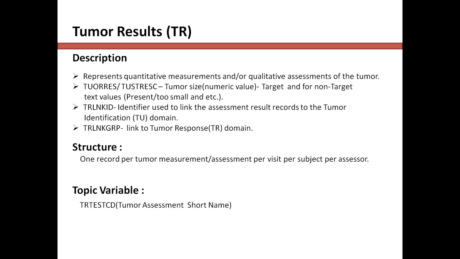Usually tumor size is measured in numeric values in millimeters or centimeters based on the size of the tumor. We have the TR link ID and TR link group to link the tumor results to the TR or TU domain. The structure is one record per tumor measurement assessment, per visit, per subject, per assessor, and the topic variable is TR test code.